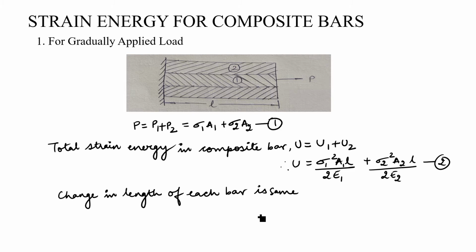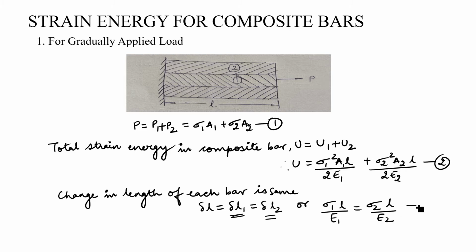Now when I say the change in length is the same, I will have delta L, which is the total change in length, equal to delta L1, which will be equal to delta L2. This is the change in length for the first bar and this is the change in length for the second bar. So here I can also write delta with the formula PL upon EA or sigma L upon E. So I can write here sigma 1 L upon E1 is equal to sigma 2 L upon E2. Now since the strain is equal, this is another formula which I can use when I am solving a numerical.